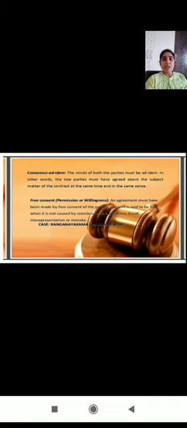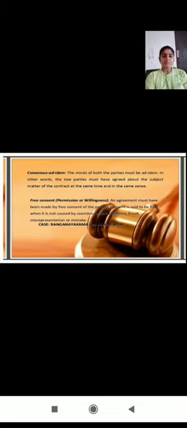For example, if B is not willing to enter into a contract with A, and A is threatening B that he will kill C, the person who is a relative of B, then by the influence of coercion, B enters into a contract. So that is not free consent. Then the contract becomes a void one, okay.